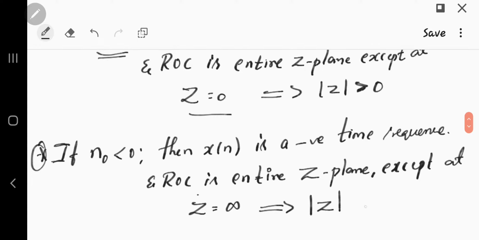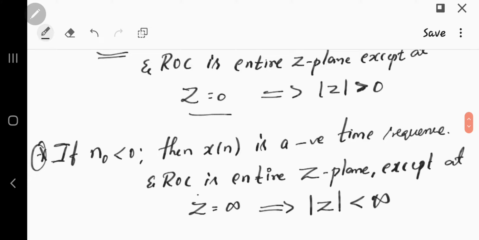That is, the value of Z will be less than infinity. So if n naught is negative, that is a negative time sequence, the region of convergence will be the entire Z plane except at Z equal to infinity. That means it will cover the entire Z plane, but the value of Z will be less than infinity. That's why it is mentioned as except at Z equal to infinity.